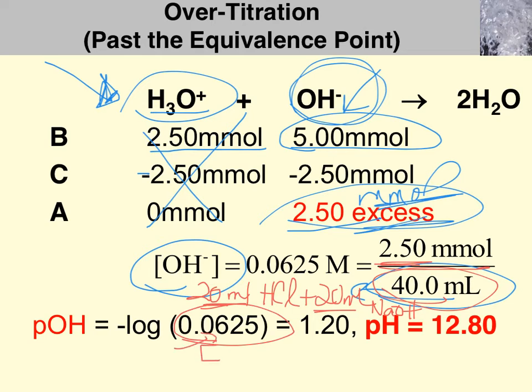That is the concentration of hydroxide, which means we have a pOH of 1.2. 14 minus 1.2 gives us a pH of 12.8. Again, that makes sense. We have added too much hydroxide, so we expect that solution to have a very basic pH.